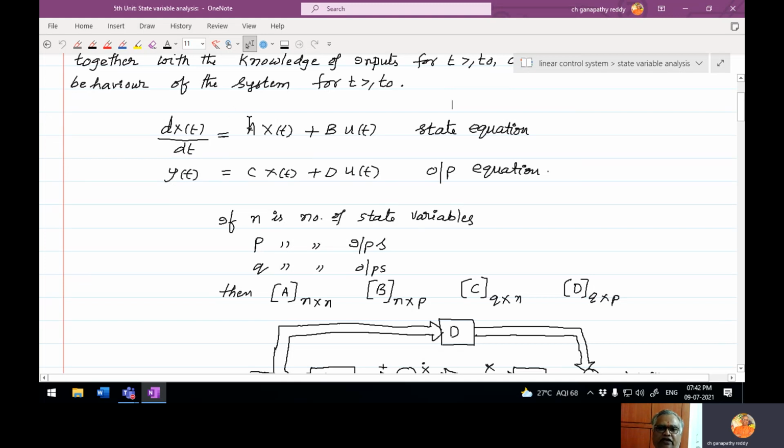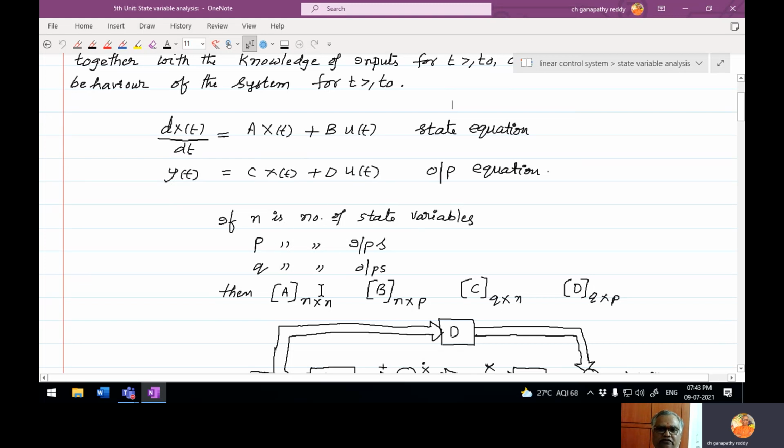The size of A is n by n, because x1 dot, x2 dot, x3 dot are in matrix form, and A multiplies x1, x2, x3.